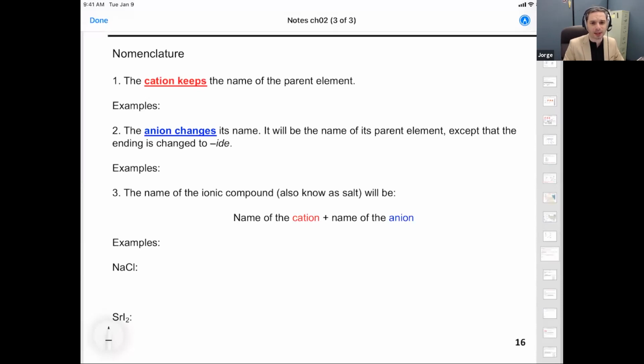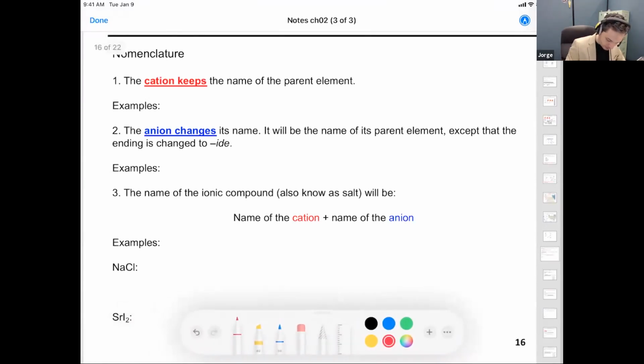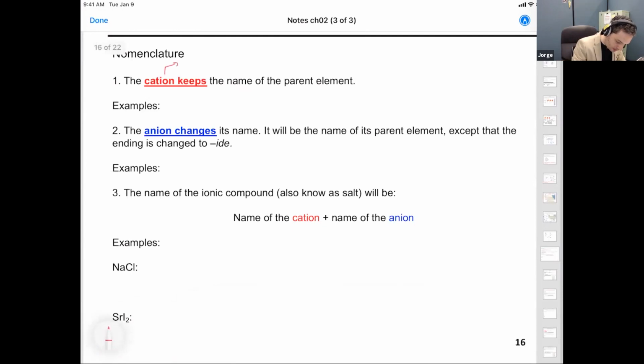The cation keeps the name of the parent element. Remember that cation is the positive element, okay? And the anion changes its name. It will be the name of its parent element, except that the ending is changed to -ide.